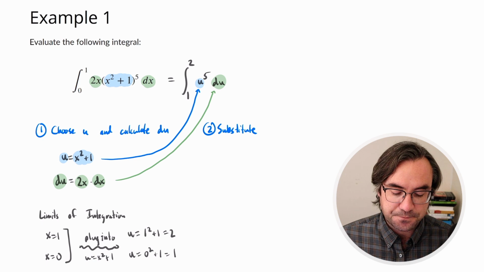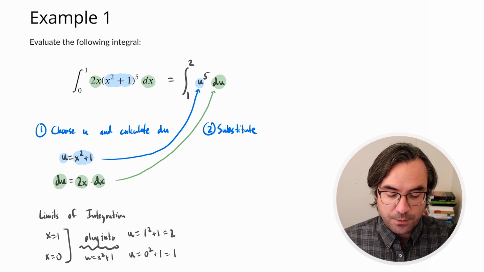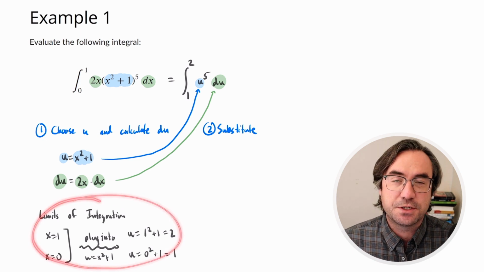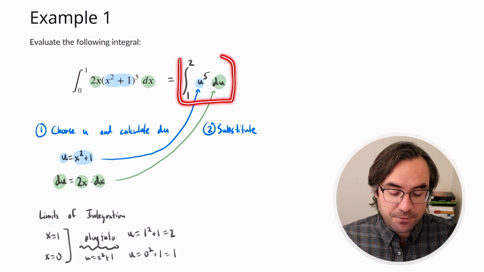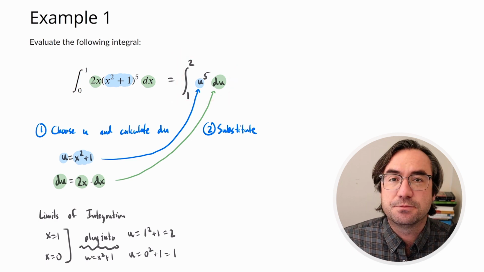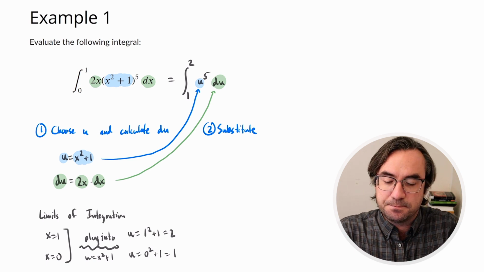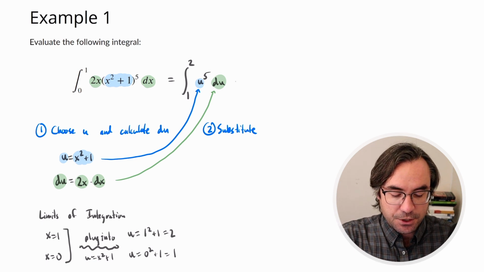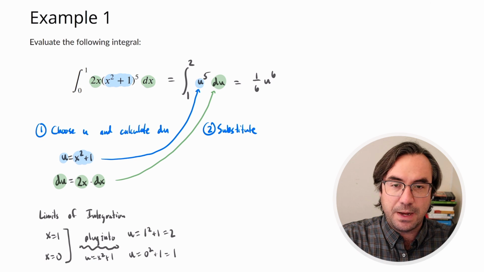All right. So now we've substituted all the pieces in. We had to do this little bit of extra work to see how our limits of integration switch. So now this just becomes a regular definite integral where it's now completely in terms of u. So now we just evaluate like regular. So we find the antiderivative. Do a little power rule there.